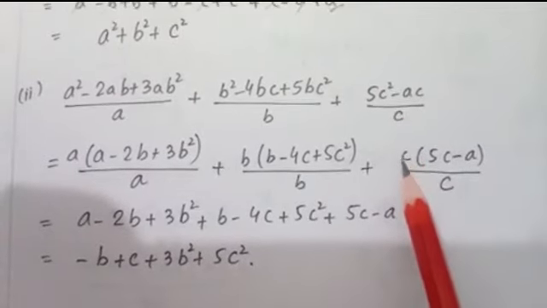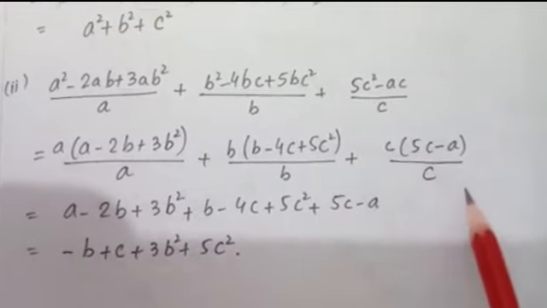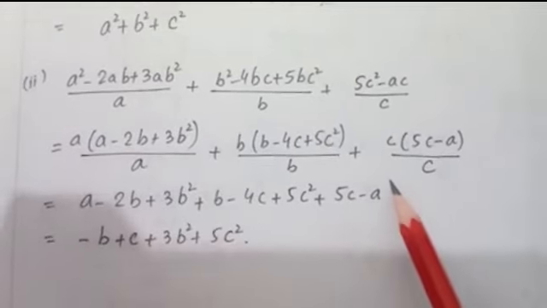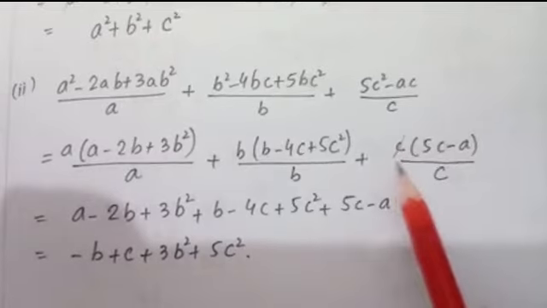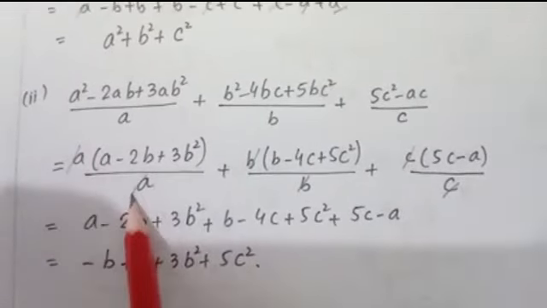Now after taking common, we are left with here just 5c minus a divided by c. Now in numerator and denominator similar terms will be cancelled. c will be cancelled, these b will be cancelled, and a will be cancelled.